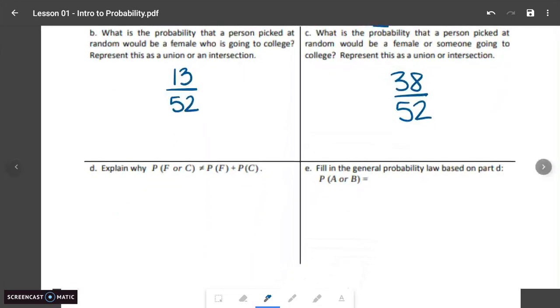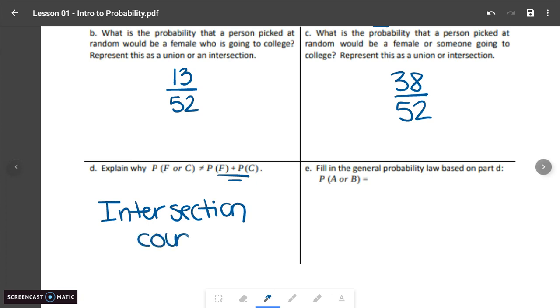It's not going to be just adding the two, because the intersection would count twice then. And we said it before, but our probability of A or B is the probability of A plus the probability of B.